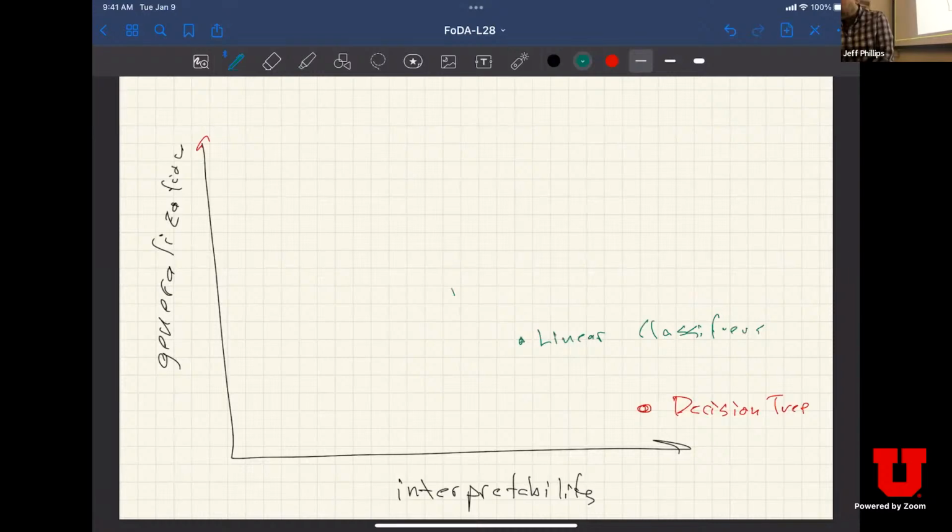Probably, I would say this line would be a polynomial classifier.